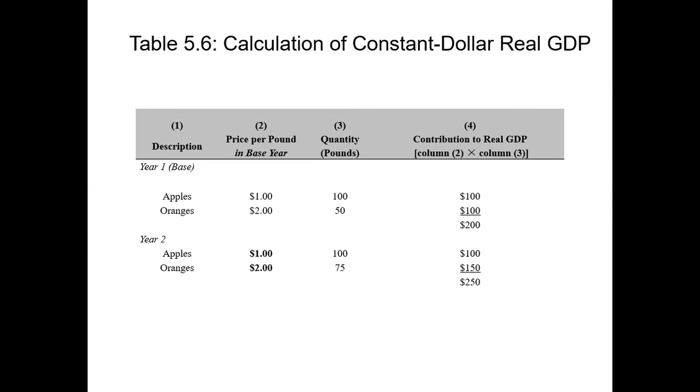And real GDP necessarily gives us an understanding of how the real economy, or the quantity produced, has improved over time. Thereby, the difference between nominal and real GDP is necessarily the difference between these two prices.